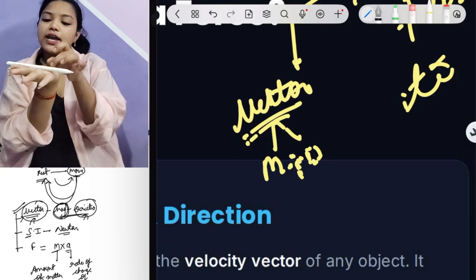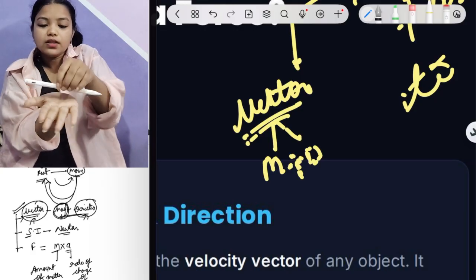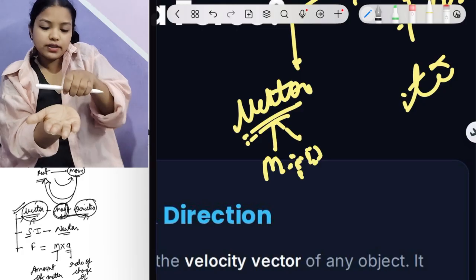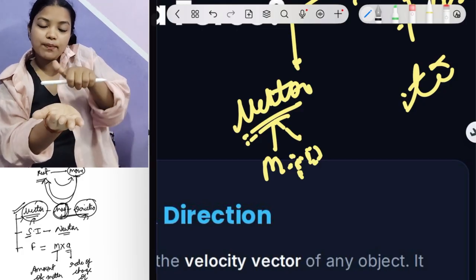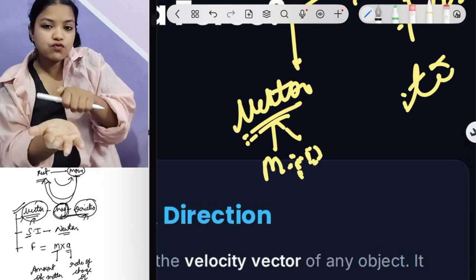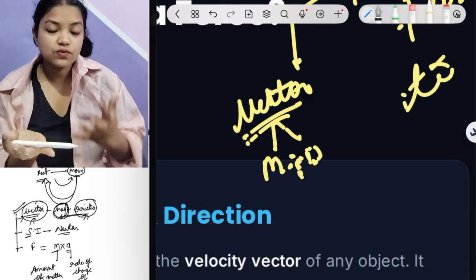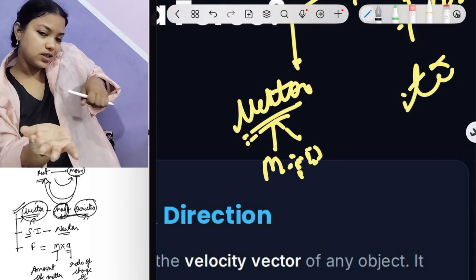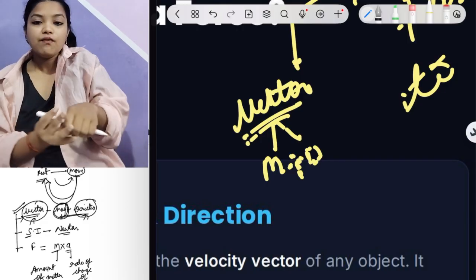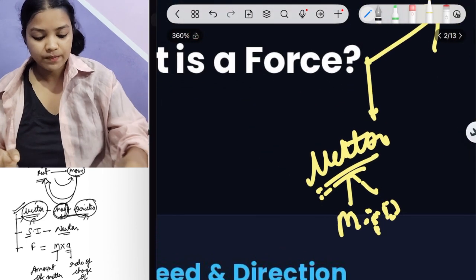Consider you are trying to pull in this direction. You are applying some magnitude of force in the backward direction, having magnitude as well as direction, which is known as a vector quantity. Is it clear?